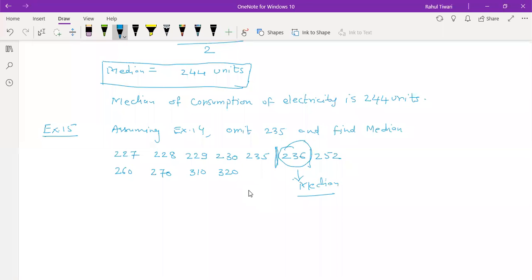But we have to express it in the form of definitions. So median is equal to, since n is 11, therefore it is odd, and if it is odd then we have the median formula: (n plus 1) by 2 observations in the ordered data.